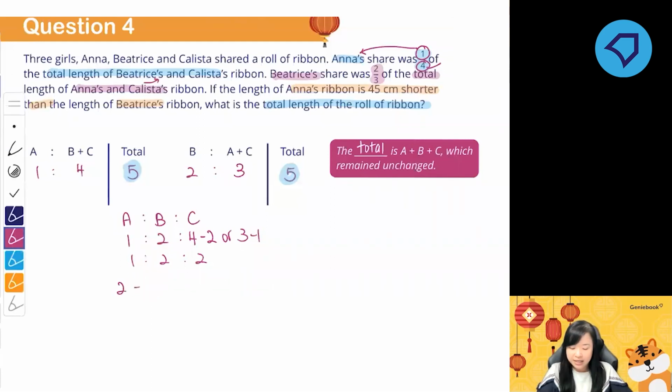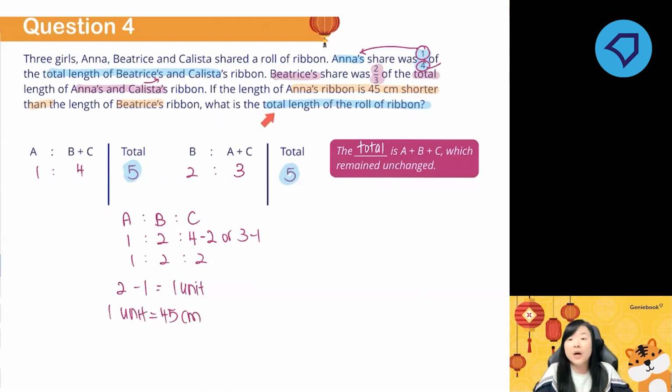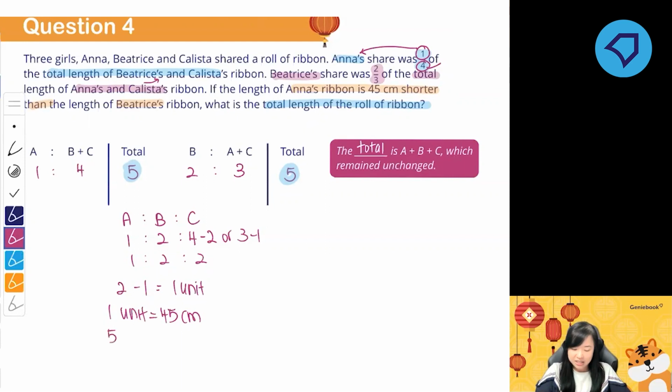It will be 2 minus 1, which is 1 unit. And that's how we know that 1 unit will be 45 cm. And what does the question want? What is the total length? How many units is the total? 5 units. And to find 5 units, we take 5 times 54.